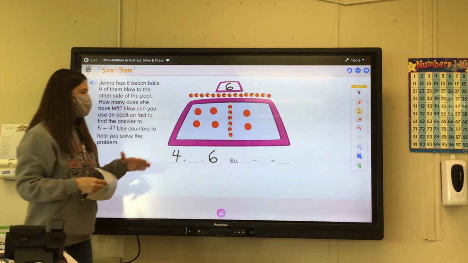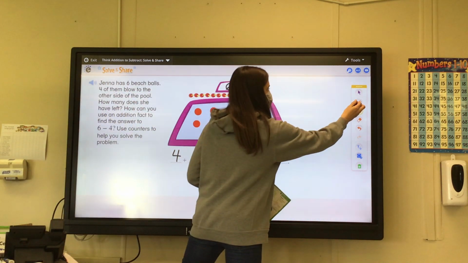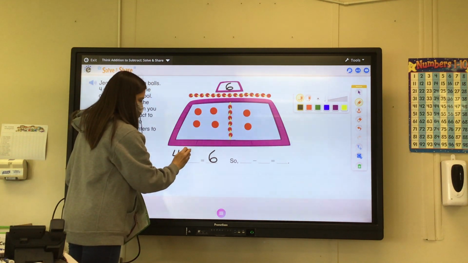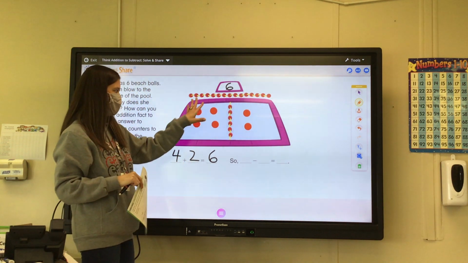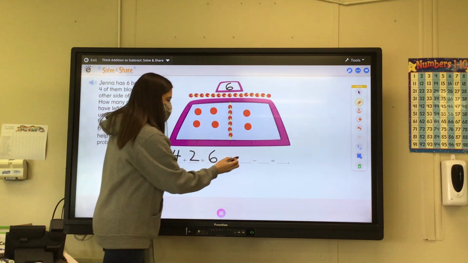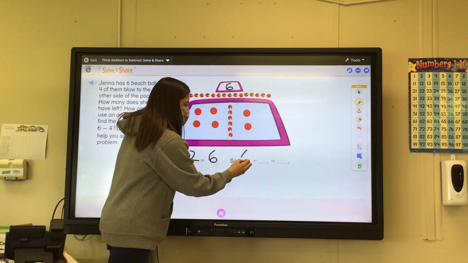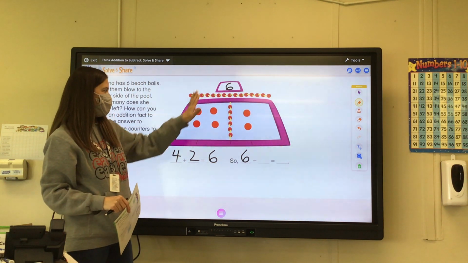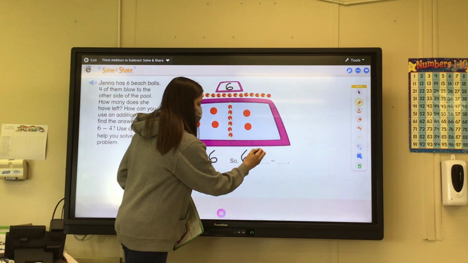Okay, so that's the addition equation. That's going to help us solve the subtraction equation. We know 4 plus 2 equals 6. Now when we subtract, you always put the whole number first. 4 balls blew away, right?